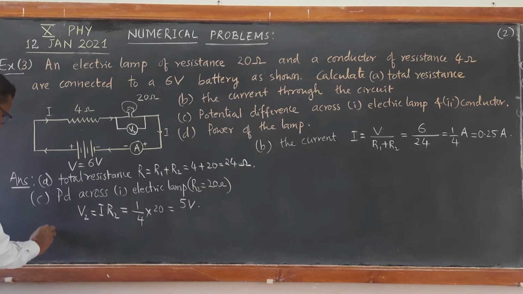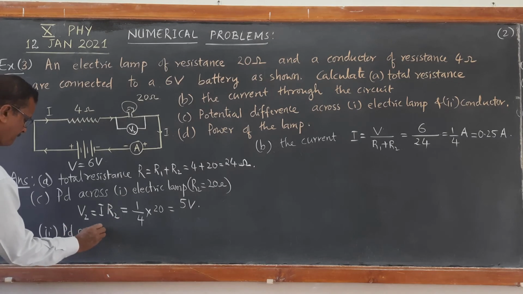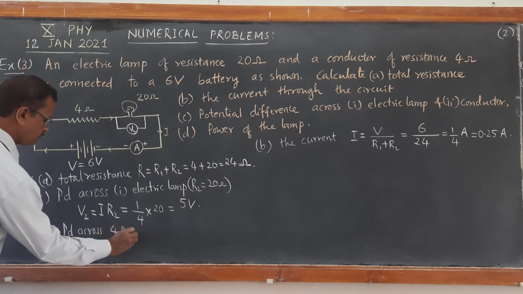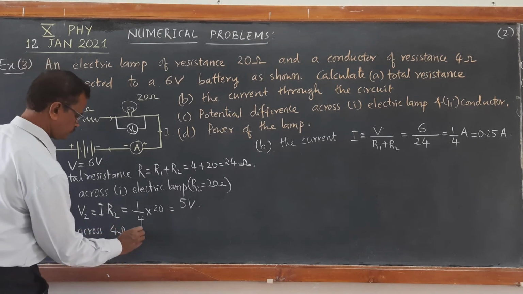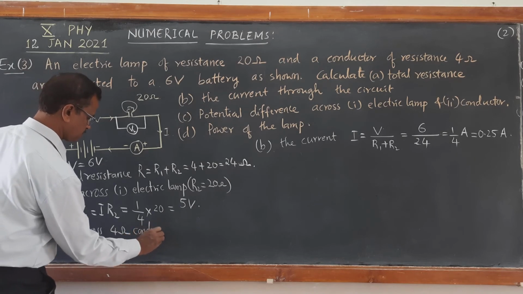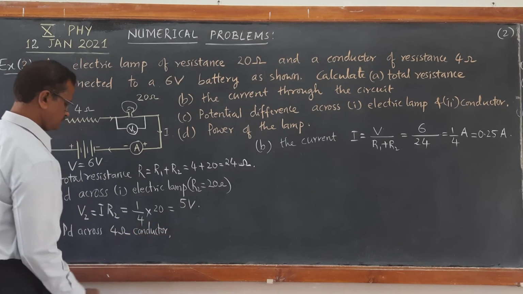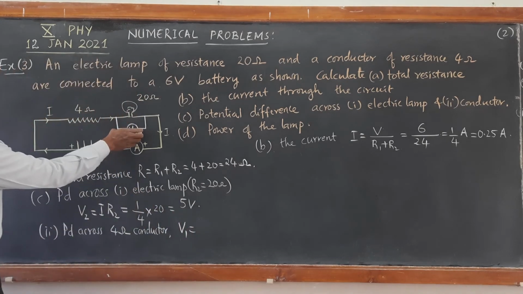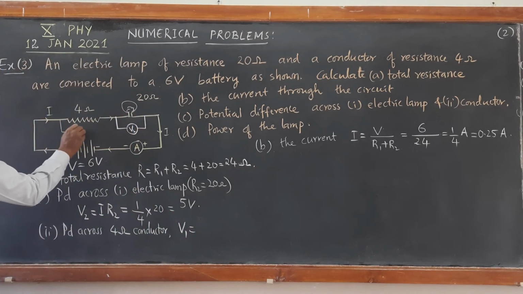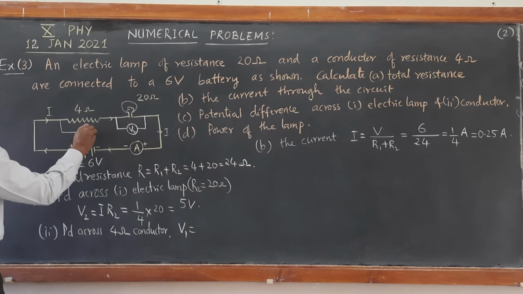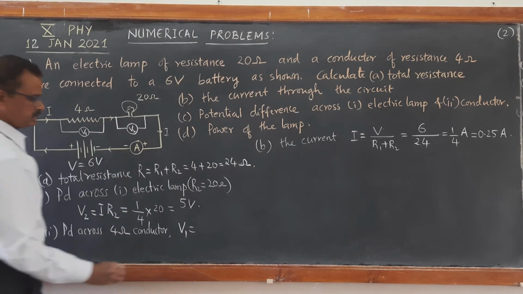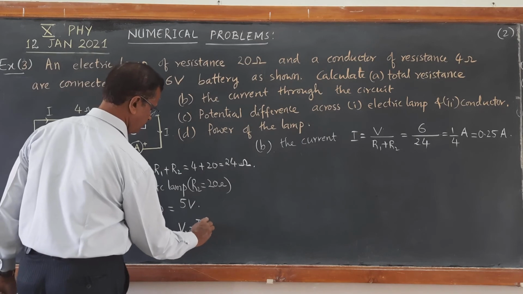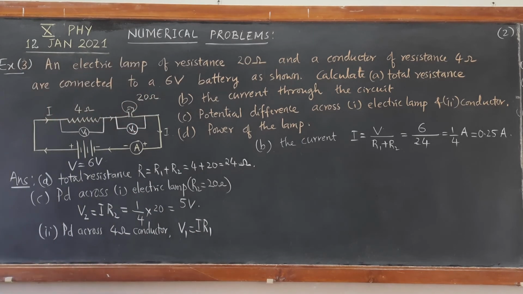Second one, PD across the 4 ohm conductor, or 4 ohm resistor, whatever you see. I will call it V1. Suppose this voltmeter is connected over here, then it will be reading V1 here. So V1 is equal to I R1. Ohm's law again.